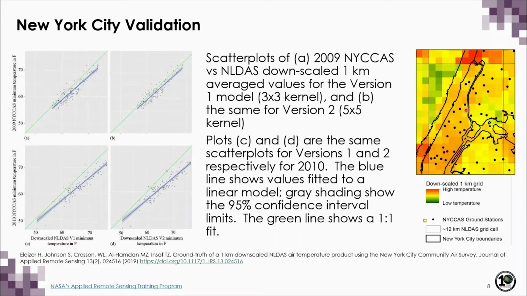So here, the downscale 1 kilometer are the smaller squares. This is a 12-kilometer grid, and we had about 115 New York City ground stations within this area at different points in time. So the validation was performed using these monitors.